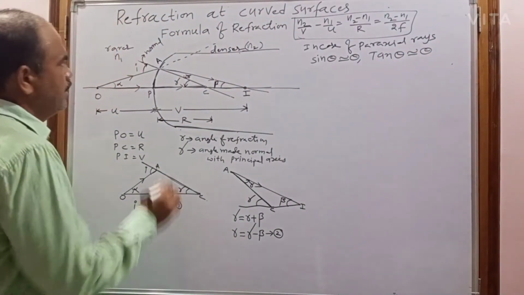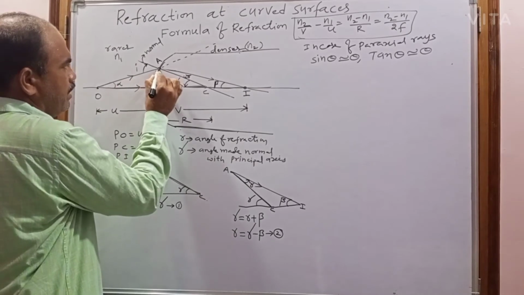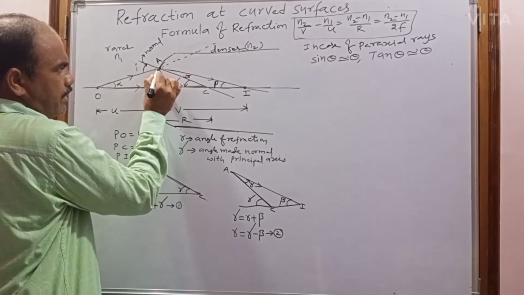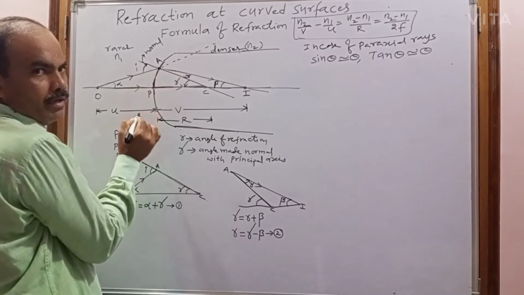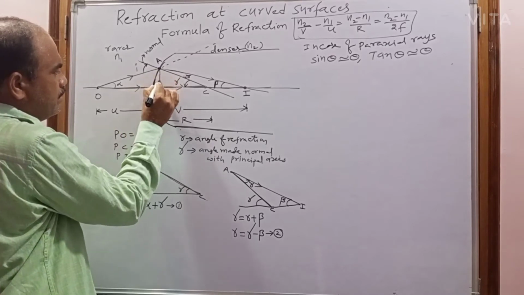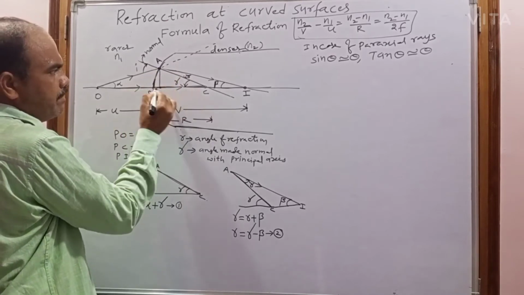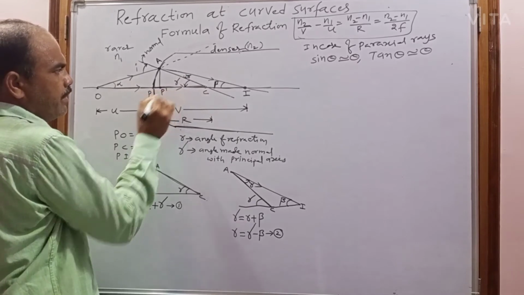And if I draw a normal to the principal axis from the point of incidence, it will intersect the principal axis at some point. That will be considered P dash.